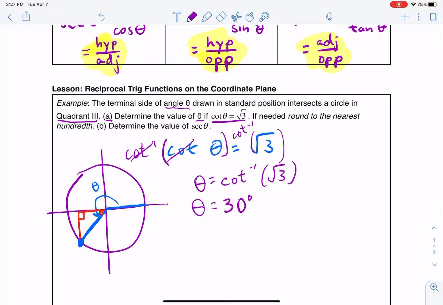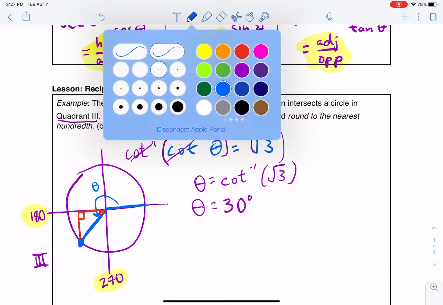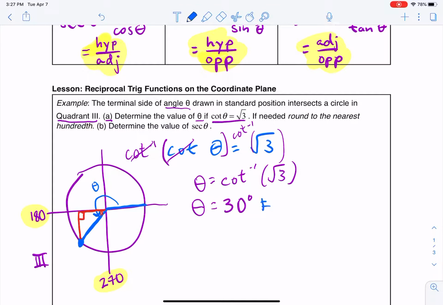Now, we've got to look at our circle here. When I look at my circle, I see that our angle theta is really in quadrant 3, so it has to be between 180 and 270 degrees. So this 30 degrees really tells us what my reference angle is.